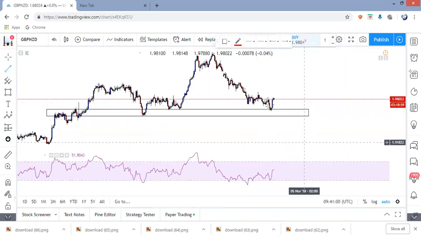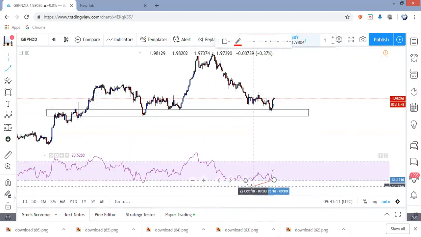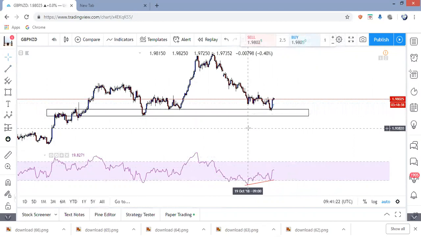Right. So you see here lower low. These lows are lower, right? This low is lower than that low. So you see there, what happened is higher low, perfect divergence. So you got a higher low. Careful, you see this line? It's exactly on that candle.